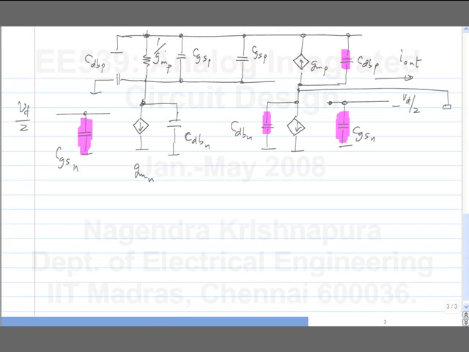So what is the current flowing through this? This one? It is GMN times VD by 2. If I write it in terms of frequency, GMN VD of S by 2.